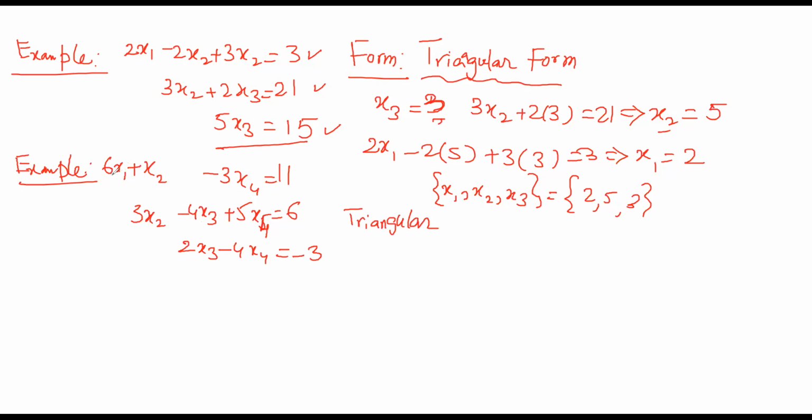You can see that in the first equation, the leading variable is x1. In the second equation, the leading variable is x2, and x1 is not present. In the third equation, the leading variable is x3, and x2 and x1 are not present. In fact, we don't have any other equation.